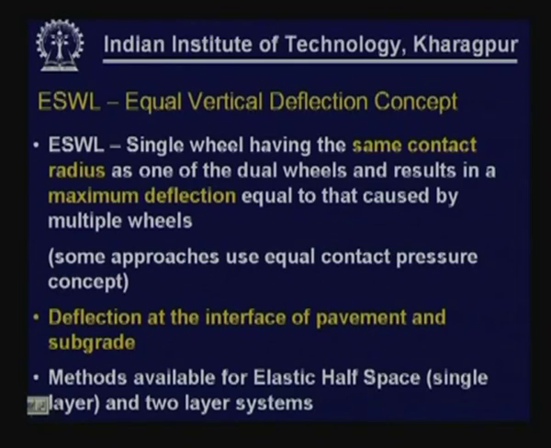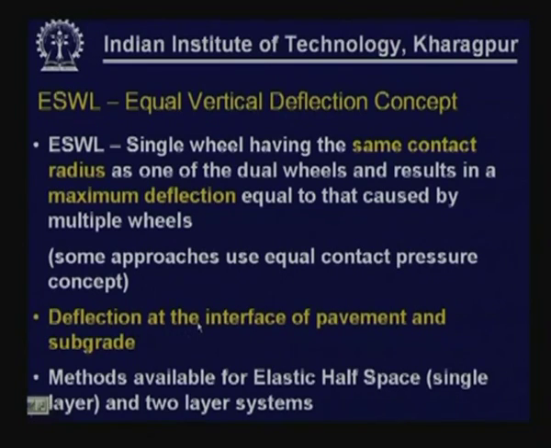So we are trying to equate the maximum deflection produced by the equivalent single wheel load and that produced by a given set of wheel loads. Some approaches also use equal contact pressure. Here we are trying to keep the contact radius or contact area of the equivalent single wheel load equal to that of one single wheel load of the given loading system.